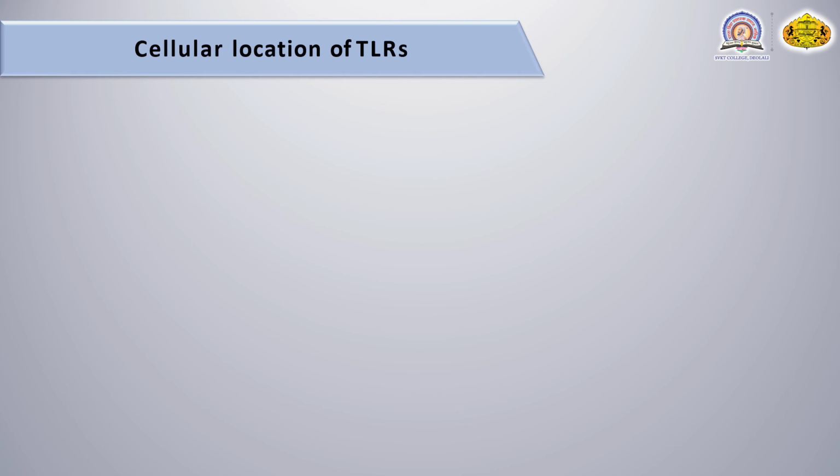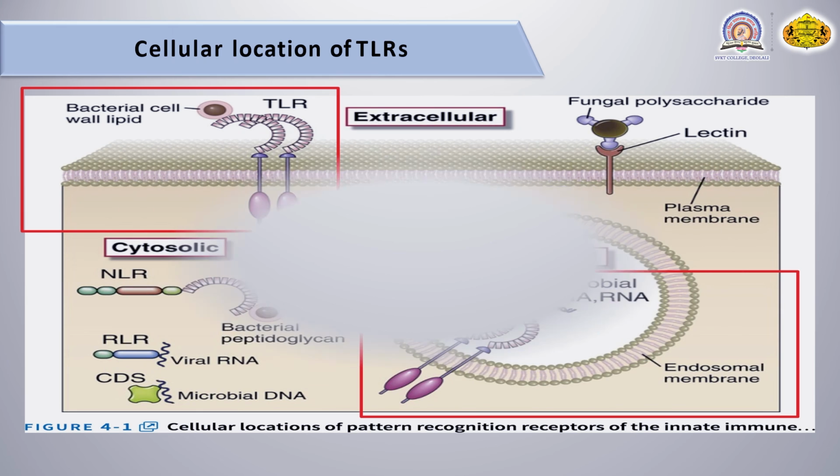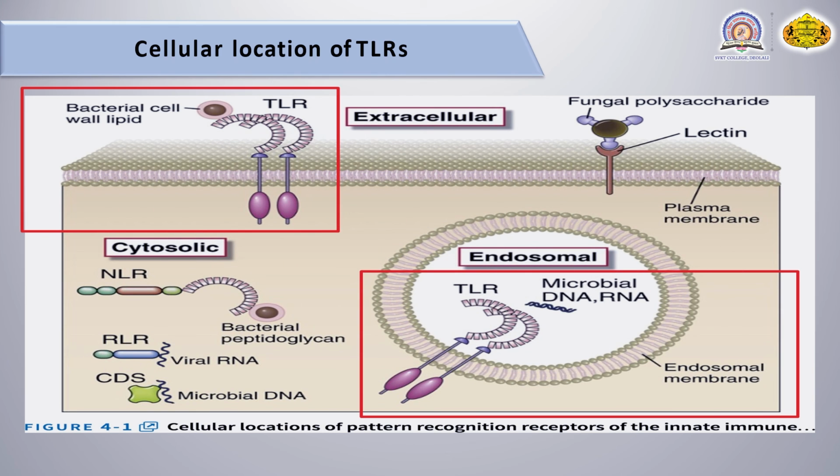Now let us see where these TLR, or toll-like receptors, are located in the cell. They are located as an extracellular portion, where they are transmembrane, interacting with bacterial cell wall lipids or fungal polysaccharide, that is lectin.